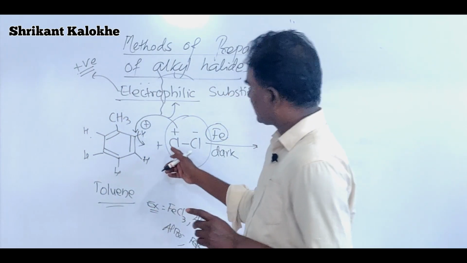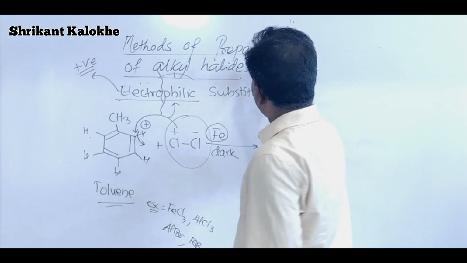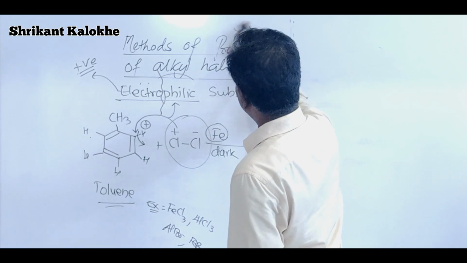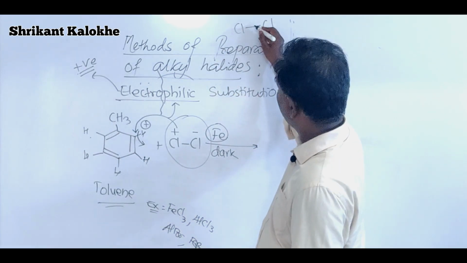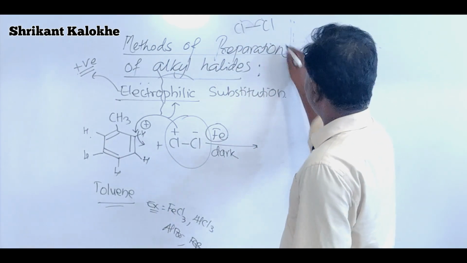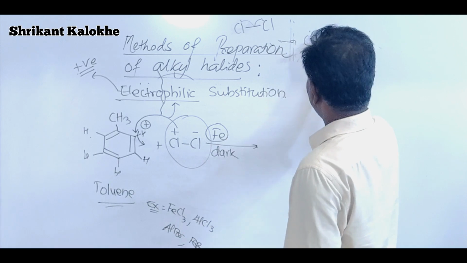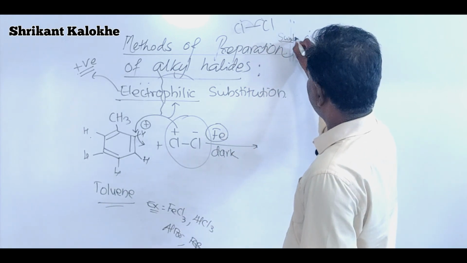Means you will not get cation and anion of chlorine if there is sunlight. You will get this bond broken in this way. The Cl-Cl bond will be broken in a symmetrical manner, and this will give you Cl dot plus another Cl dot in presence of sunlight.